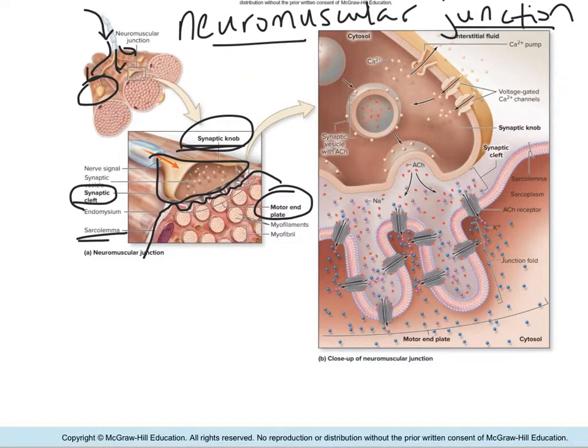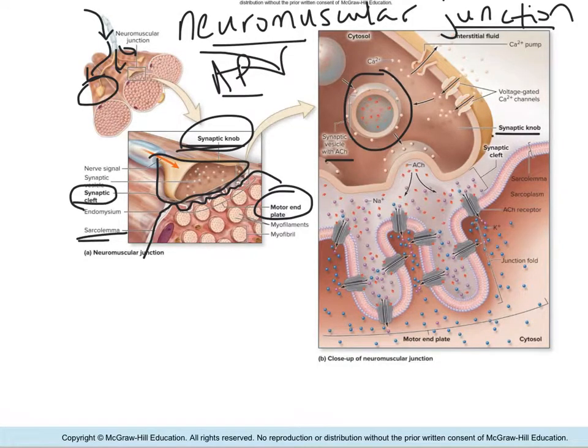The synaptic knob houses synaptic vesicles that contain acetylcholine. Acetylcholine is a neurotransmitter that stimulates muscle fibers. When the neuron is excited, an electrical impulse called an action potential will travel down that neuron.